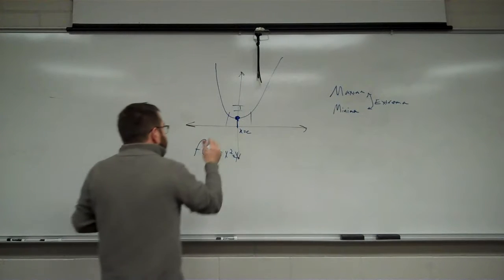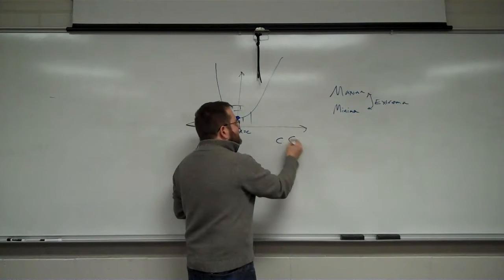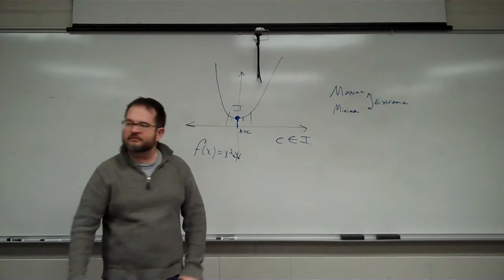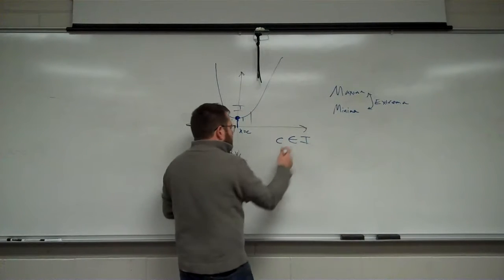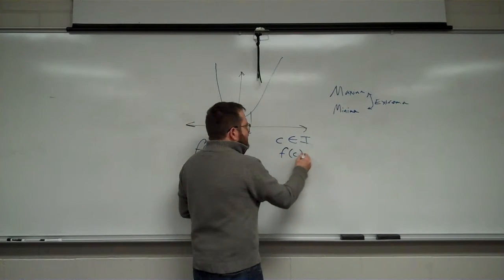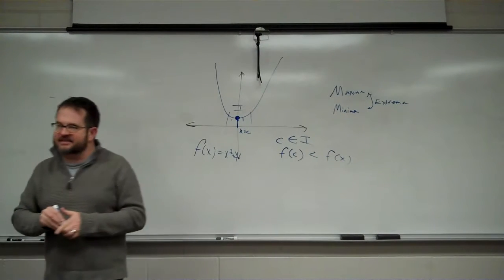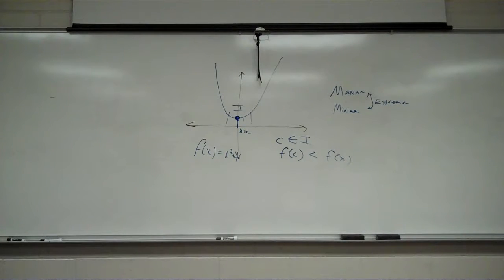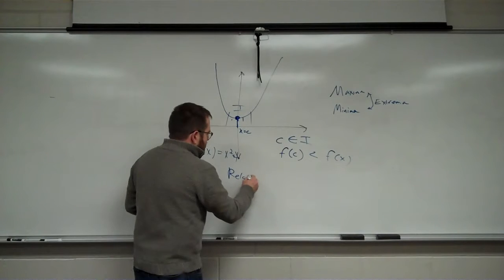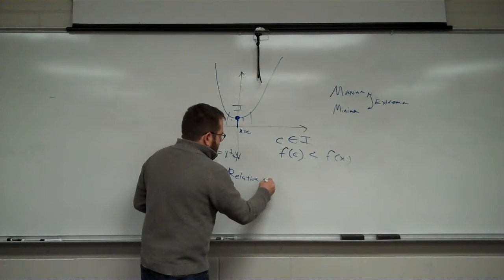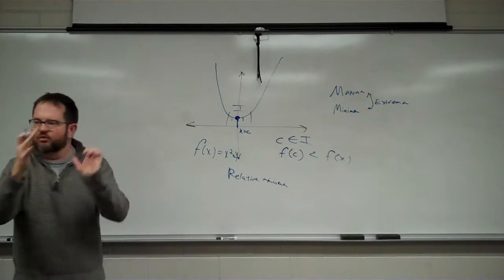As long as c is inside this range I, and f of c is smaller than any other f of x inside that I, then that's a minimum. Now, correctly speaking, this would be a relative minimum, because it is just in that little range right there.